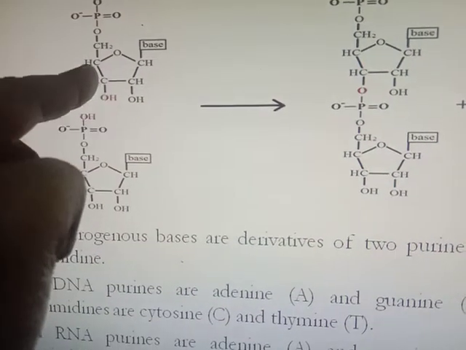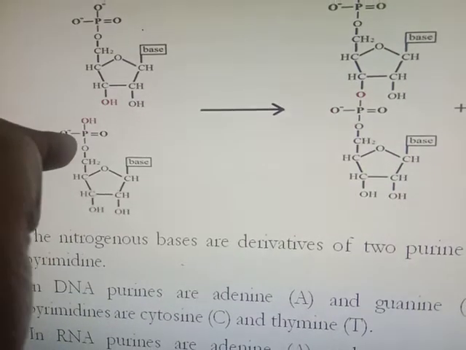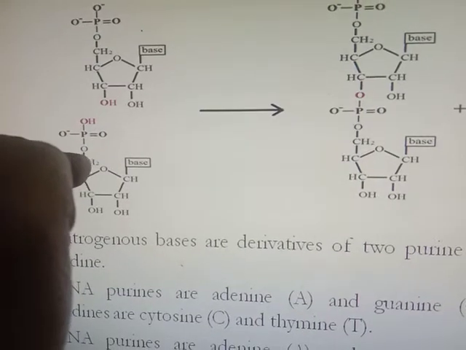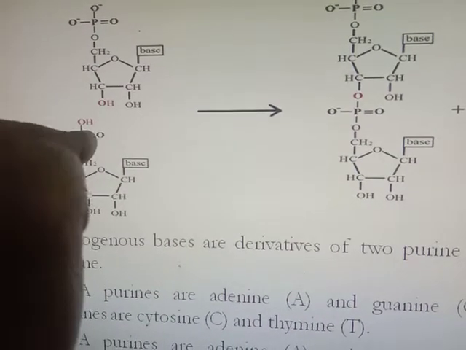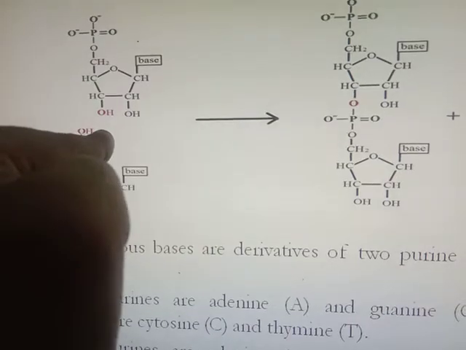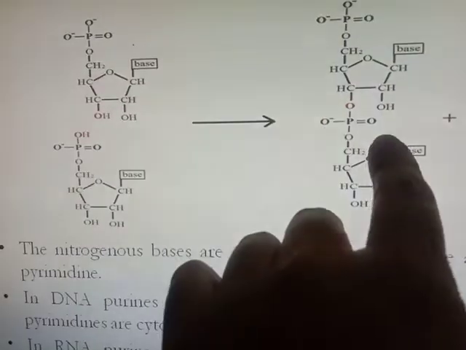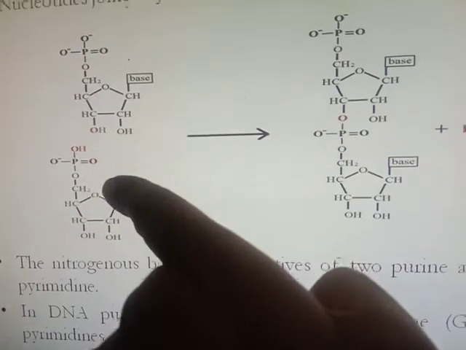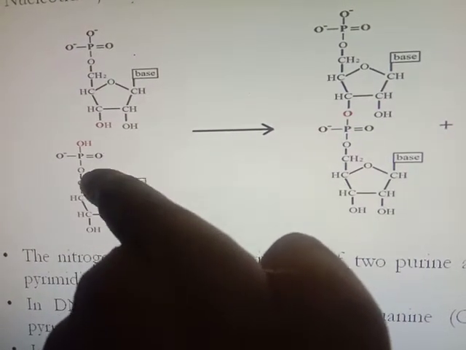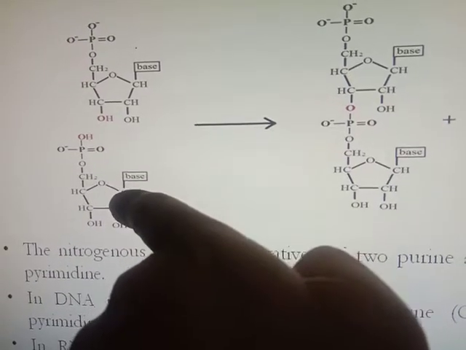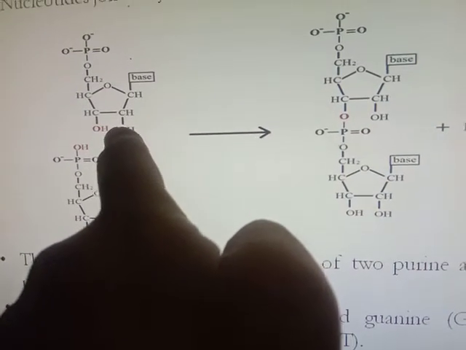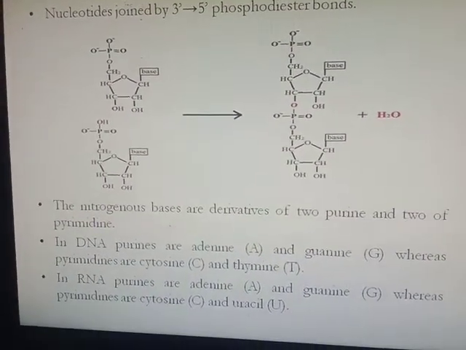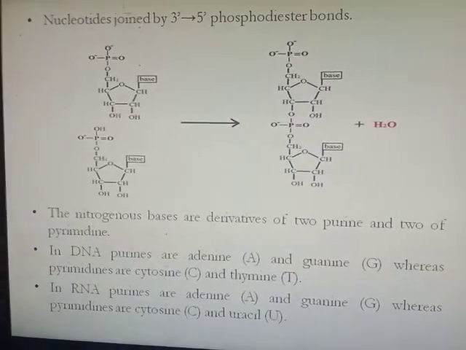The hydroxyl group of the third carbon of the ribose sugar binds with the phosphate group present at the fifth carbon of the next ribose sugar, and they link to each other and form a phosphodiester bond. When a number of phosphodiester bonds form, it forms the polymer.